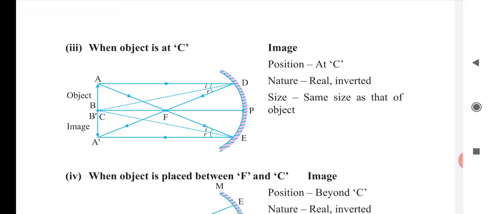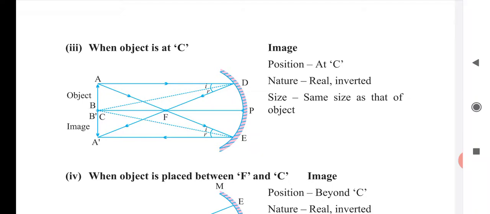You can see that the height AB is equal to the height A dash B dash, and the distance from the object to the mirror is equal to the distance from the image to the mirror. That is, object distance is u, image distance is v, so object distance is equal to image distance.